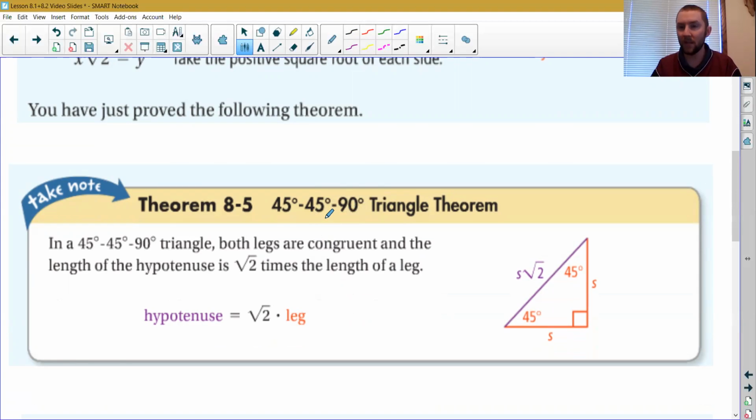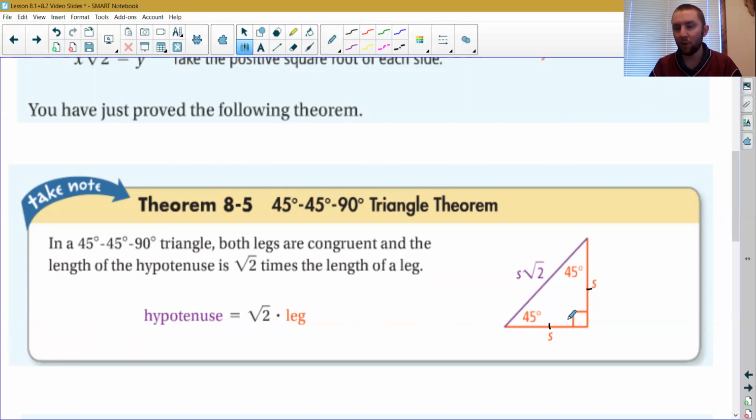That's another way of saying isosceles right triangle, because remember, in an isosceles triangle, if these two side lengths are equal, then the angles across from them are equal, okay? And if we know that the angles are equal, we can do some math and find that they're 45 degrees, okay? So a 45-45-90 triangle is the same as saying a right triangle with congruent legs. Okay? The two sides that meet at the 90-degree angle are congruent to each other.